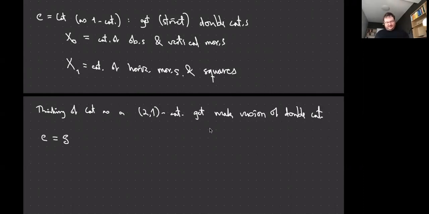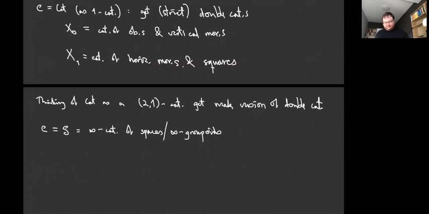So yeah, now I can take target C to be, well, also S, the infinity category of spaces or infinity groupoids. So we're replacing sets with spaces, sets being kind of the infinity version, spaces being kind of the infinity version of sets.